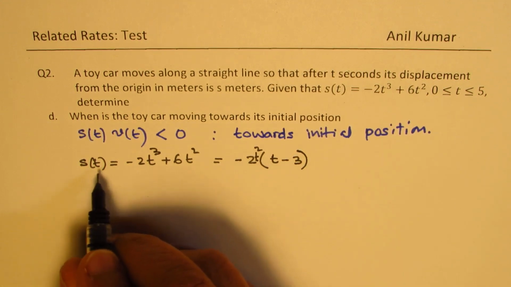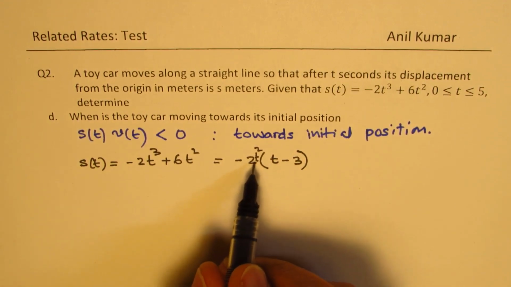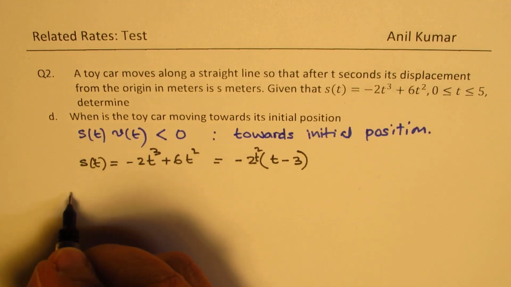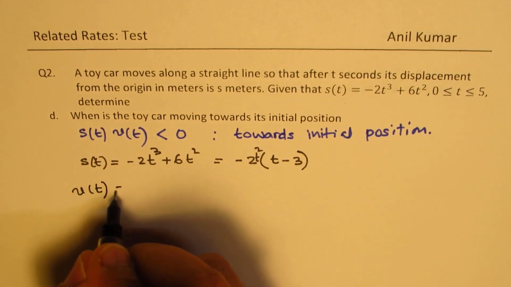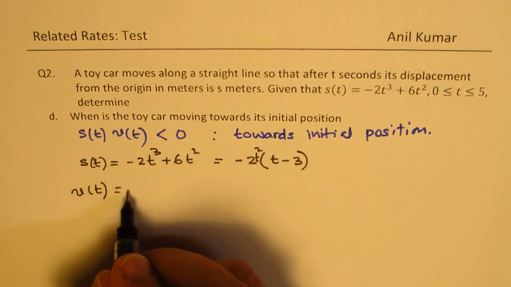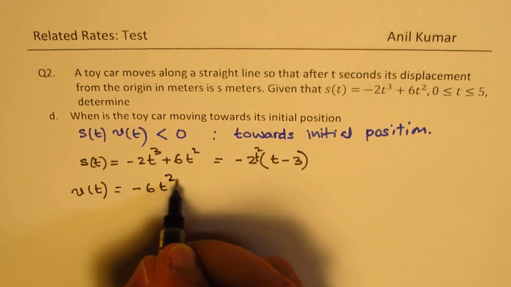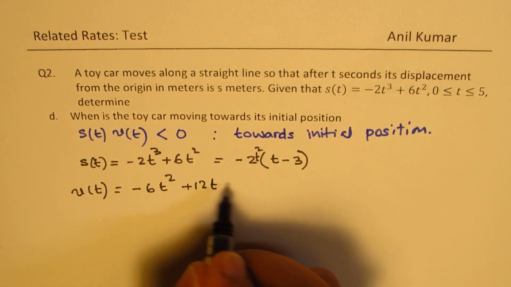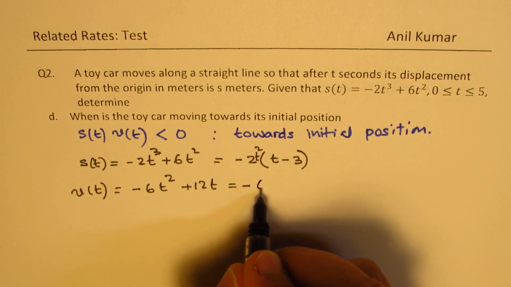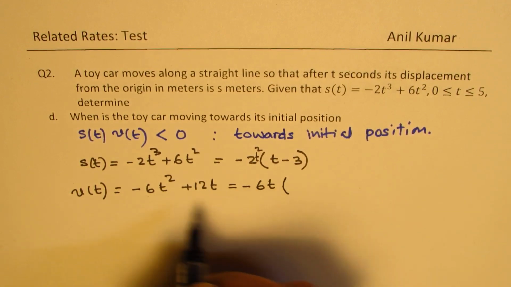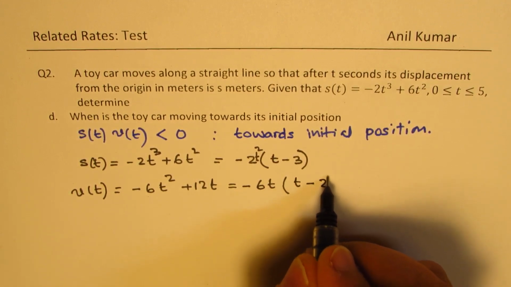So that becomes a factor. Now minus 2t squared times t minus 3. As far as the velocity is concerned, we just found the derivative of this, which is minus 6t squared plus 12t, right? So we can take minus 6t common, so that gives us t minus 2.